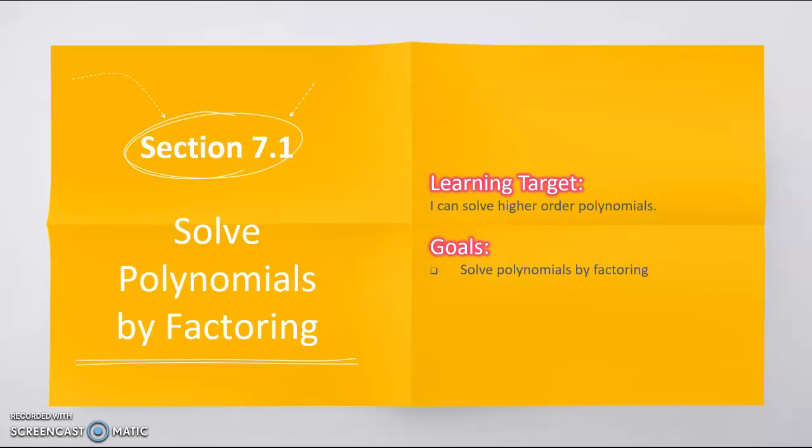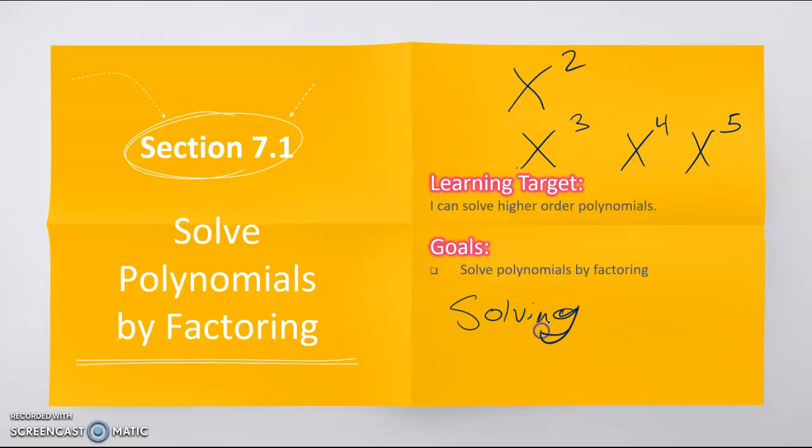So instead of equations with x squared, we'll deal with some equations that are x cubed, x to the fourth power, maybe an x to the fifth power. Maybe not above that, but the whole unit deals with solving, which is a lot of the first few units, and then also starts graphing towards the end.